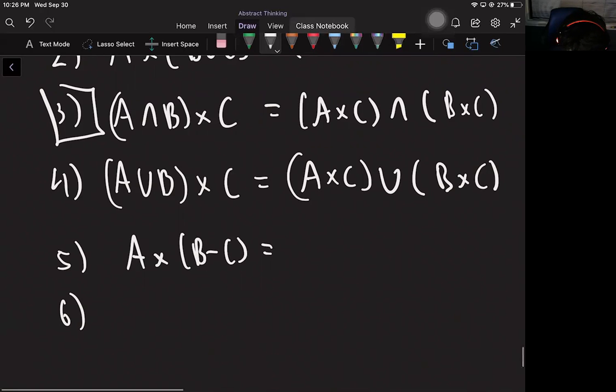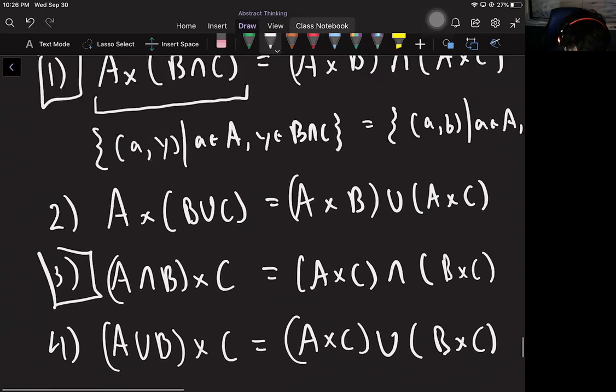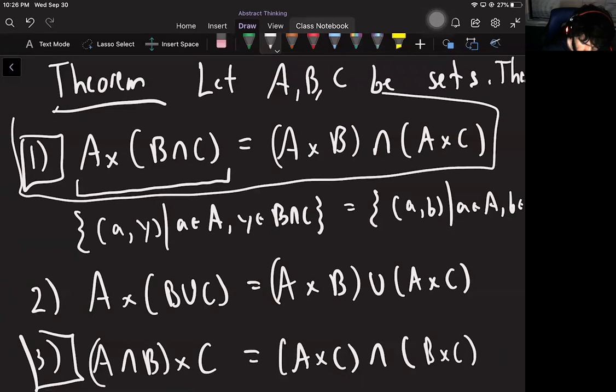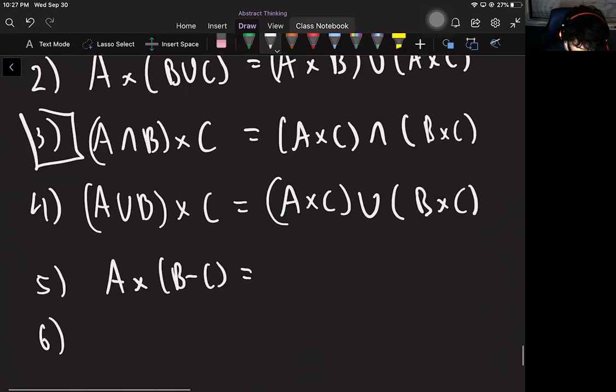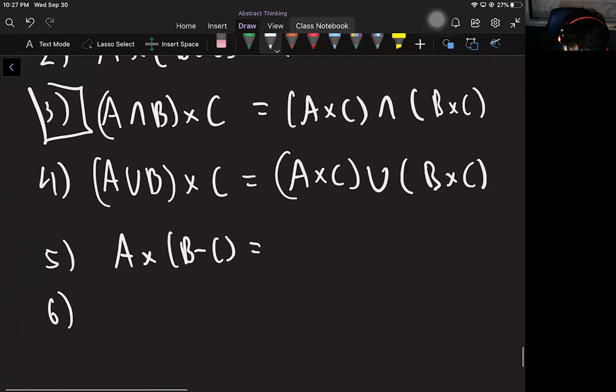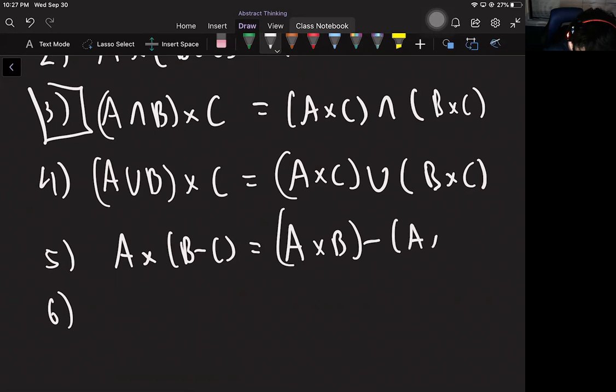So of course it distributes because it's really just an intersection. And we already know from the first rule that products distribute over intersections. So this is really the same as rule 1. If you wanted to prove rule 5, you could just use rule 1 to prove it if you've already proven the first rule. So anyway, let me finish writing it down. A cross B minus A cross C.